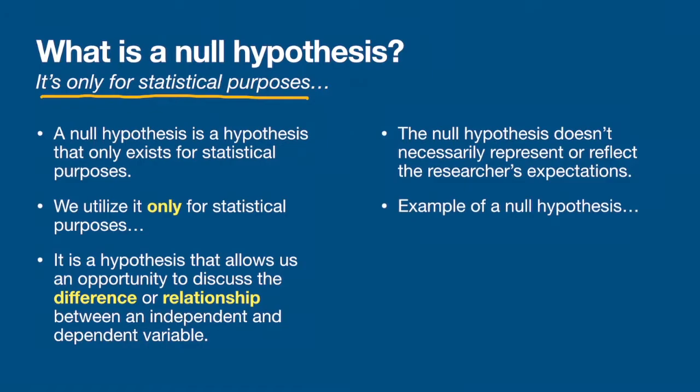In other words, when we talk about this null hypothesis, it is not necessarily going to reflect the expectations of the researcher. And I believe this will make sense here in just a moment.